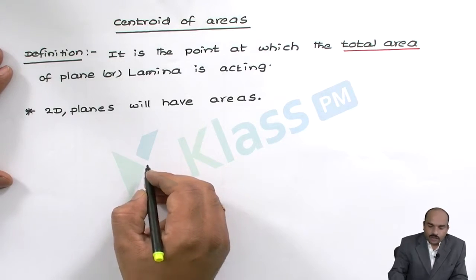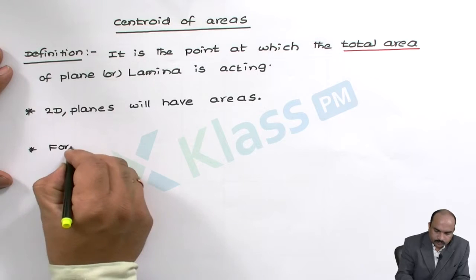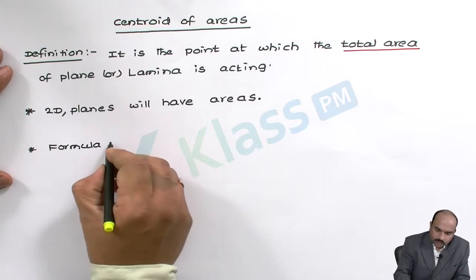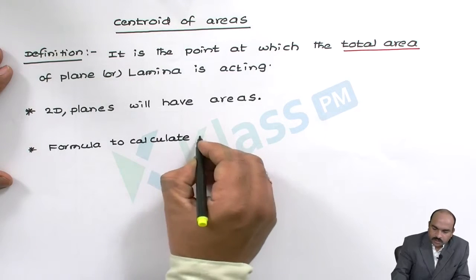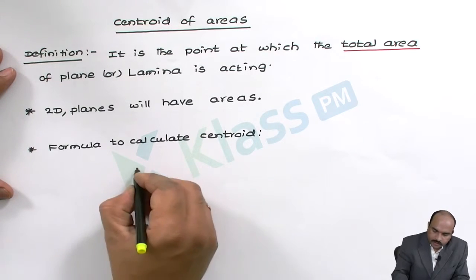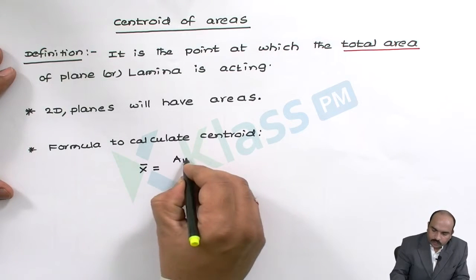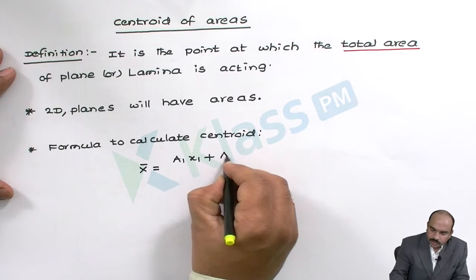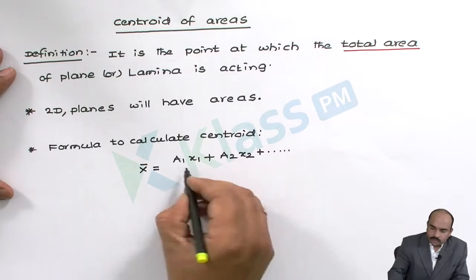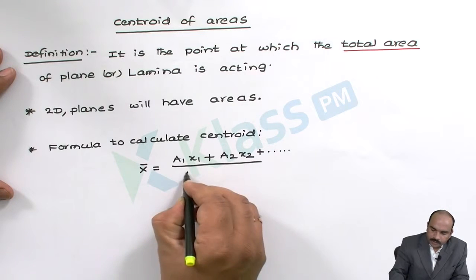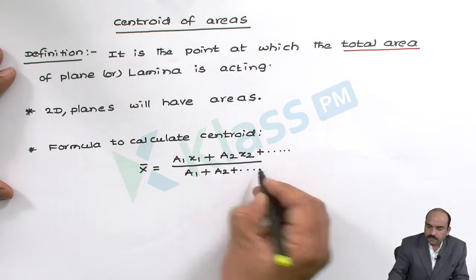Now let us see the formula for the centroid of area. Formula to calculate centroid of the area, that is x bar equal to a1 x1 plus a2 x2 plus dash by a1 plus a2 plus dash.